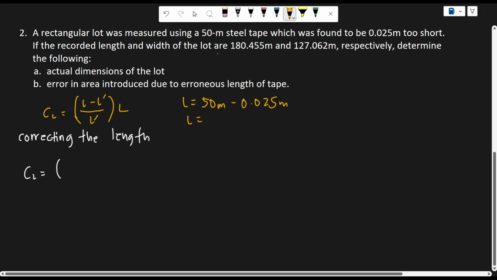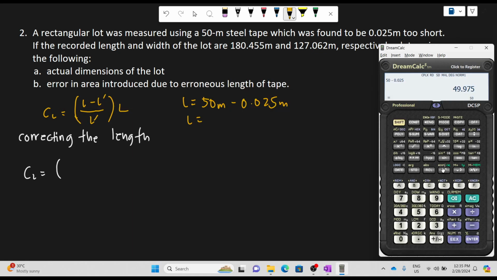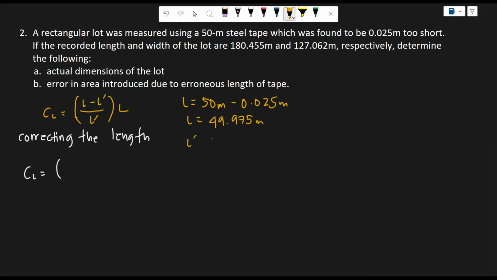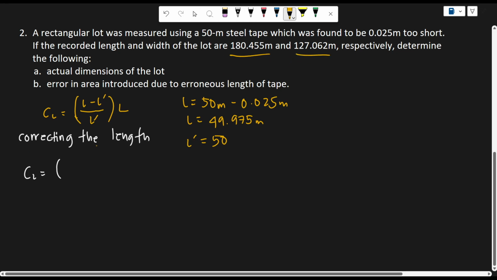If we use our calculator here, 50 minus 0.025, we will have 49.975. Okay? And our L prime here is of course 50, and the L are 180 and 127 depending on what we're correcting. Let's go back to the problem.